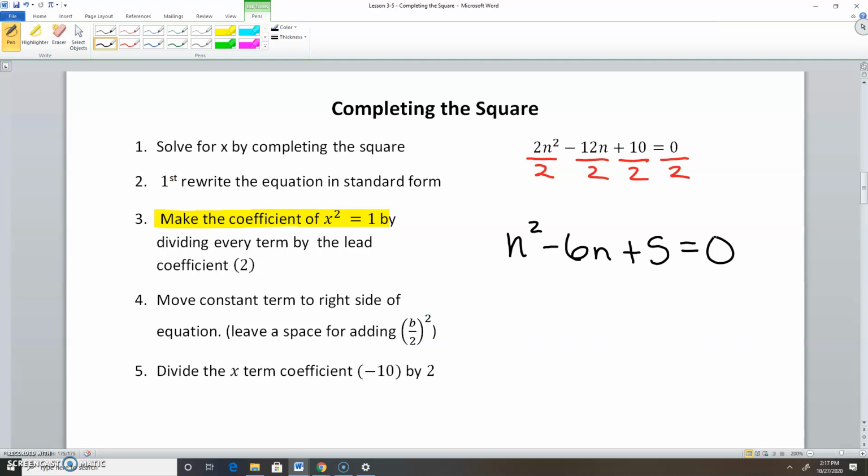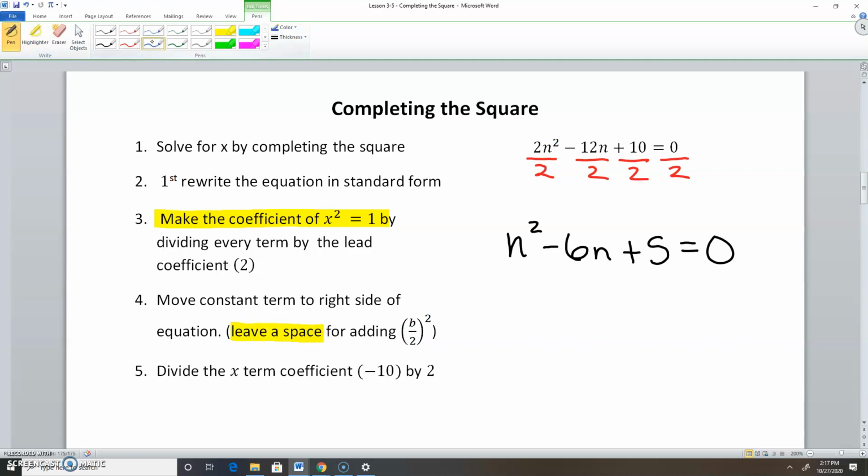Okay. Now, that's how we have to do that. That's only for completing the square, that you cannot have a number in front of it. The next thing that we're going to do that is also unique is we are going to move our constant term to the right side. But when I move it over to the right side, I have to leave a space.